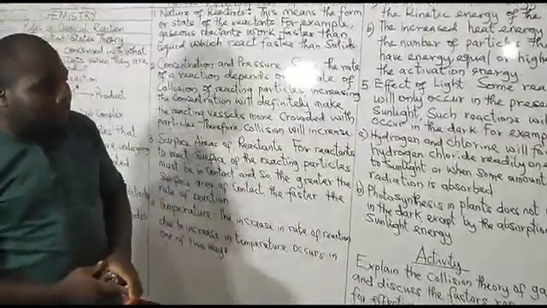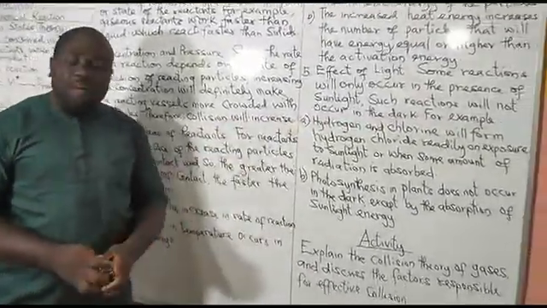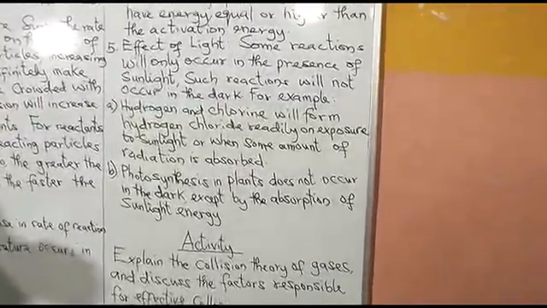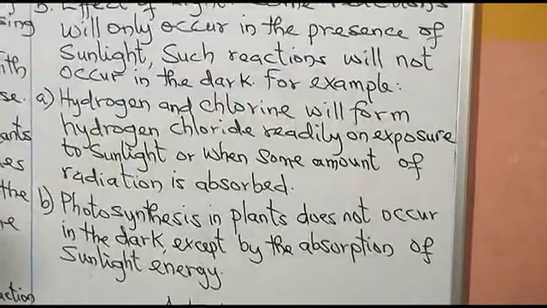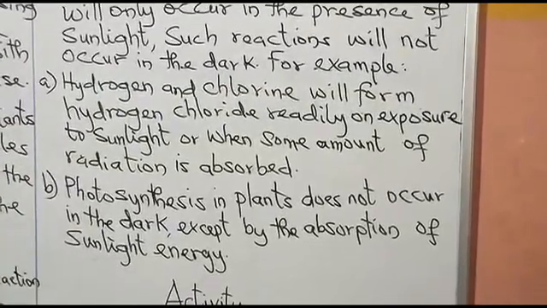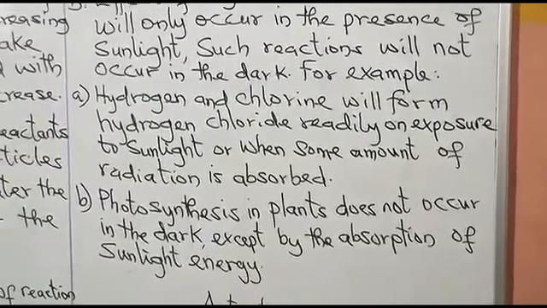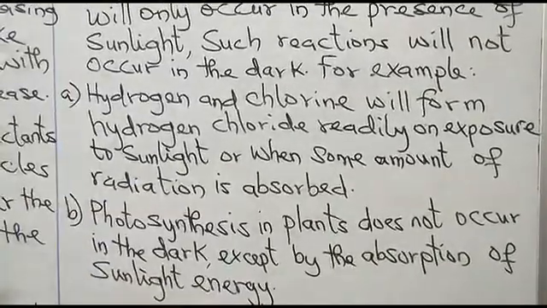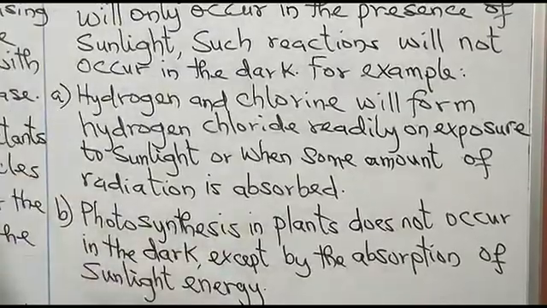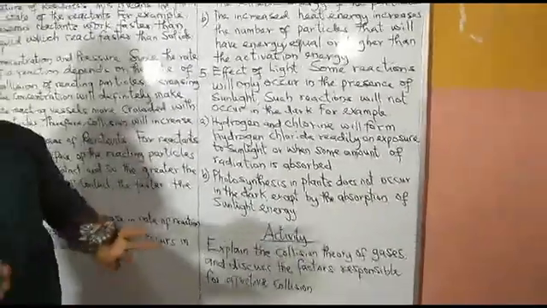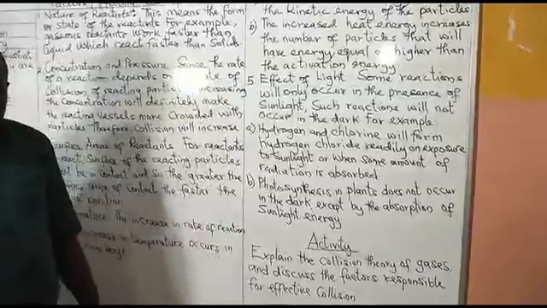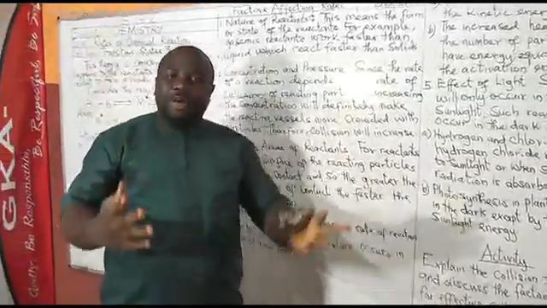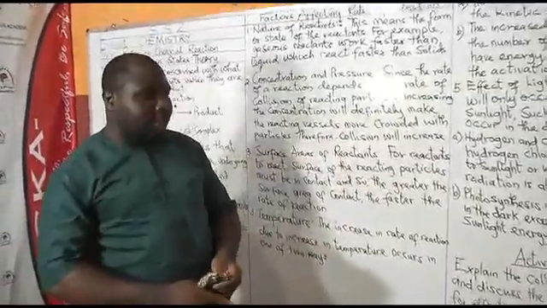For example, let's look at the reaction of hydrogen and chlorine. The reaction of hydrogen and chlorine takes place in the presence of sunlight. That is when they must have absorbed sunlight, that is radiation, in order for that reaction to be initiated. And popularly, we are familiar with photosynthesis in biology.